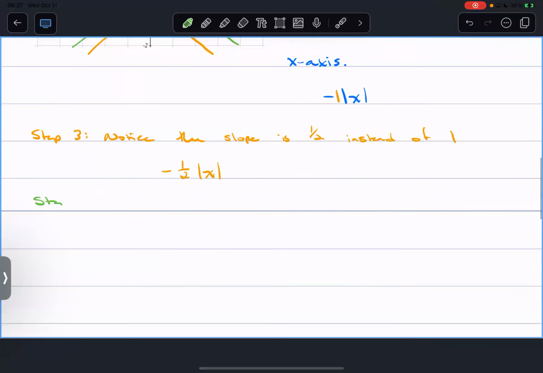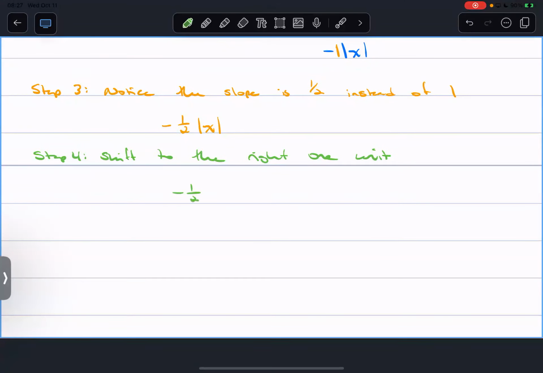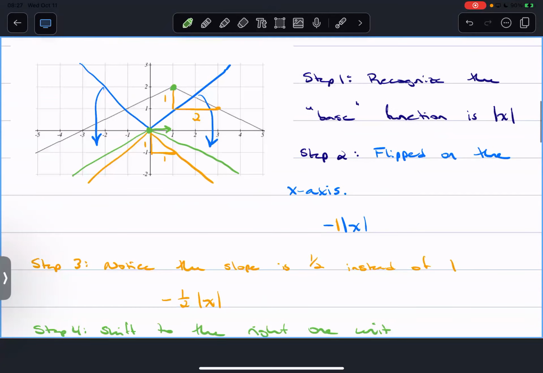Step 4, shift to the right 1 unit, putting me at negative 1/2 times the absolute value of x minus 1. All right. If I want to shift to the left or to the right, I manipulate the x. And if I want to shift it up or down, we end on a high note.